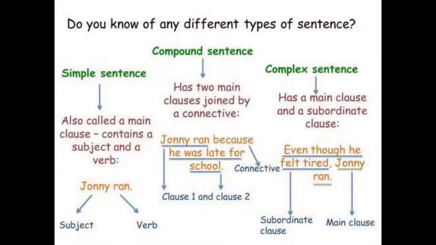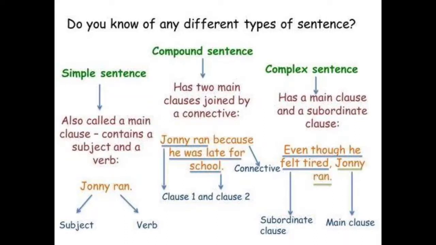Children, let's see an example of how a simple sentence changes into compound and complex sentences. First one, simple sentence. We know only a main clause will be there with subject and verb. So the sentence is, Johnny ran.